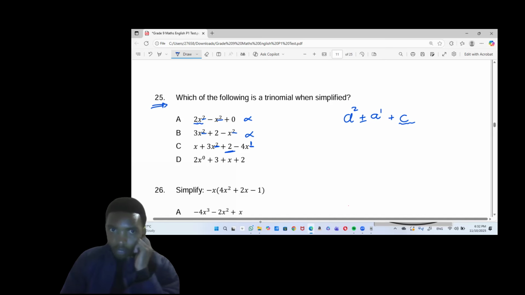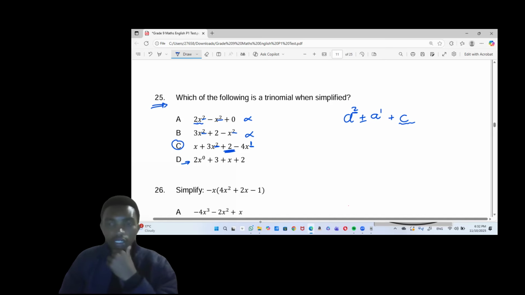We have exponent of 1. And we have a constant term. So our answer is C. For D, do you have a squared? No. So it can't be a trinomial.